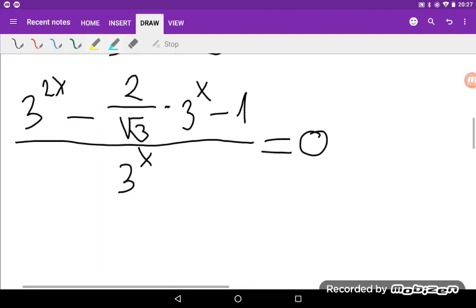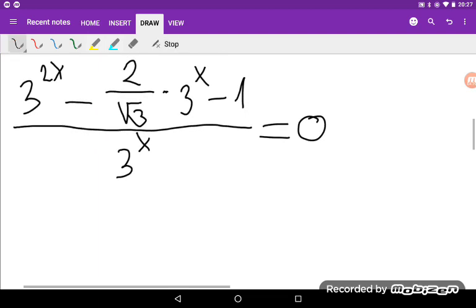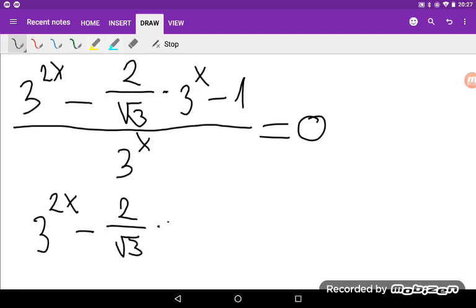Okay, now because 3 to the power of x is always positive, it cannot be 0, so we just have 3 to the power of 2x minus 2 over square root of 3 times 3 to the power of x minus 1 equals 0.